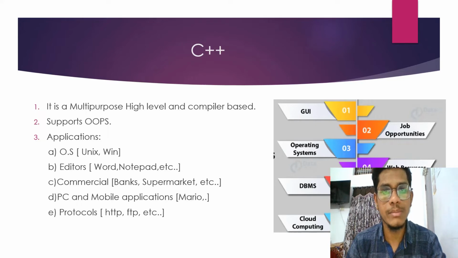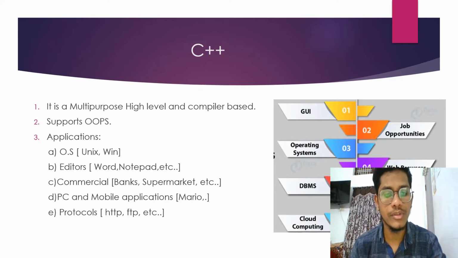With C++ we can create an operating system, for example Unix, and we can create editors, for example Word and Notepad. With the help of stacks we can undo or redo. We use C++ in commercial applications.